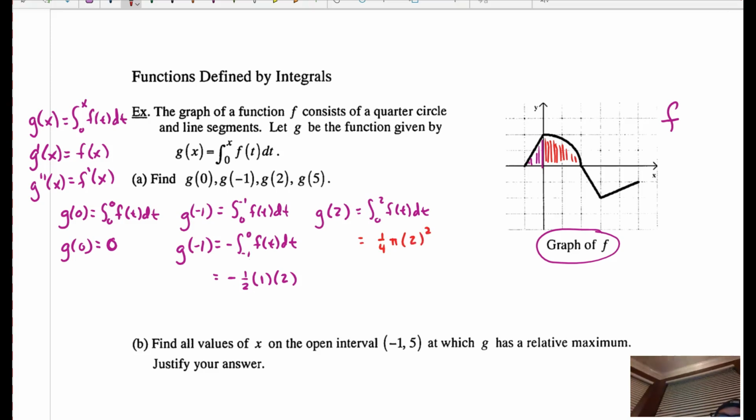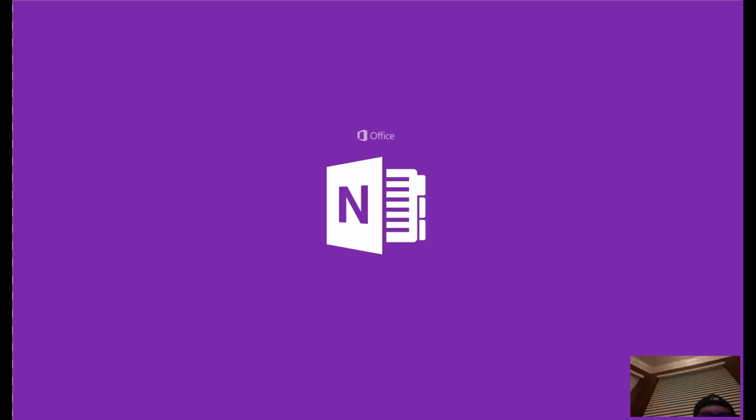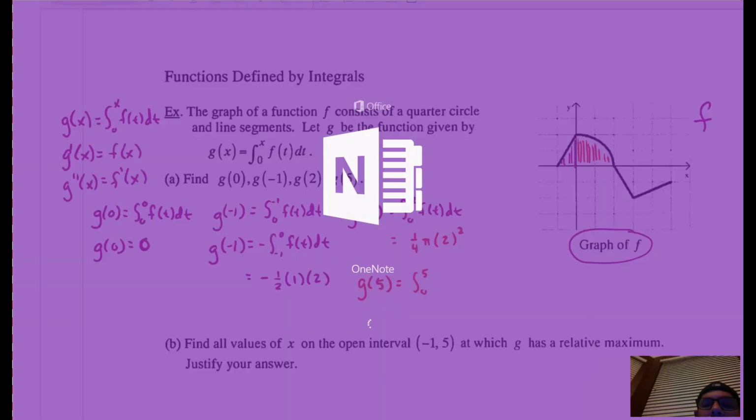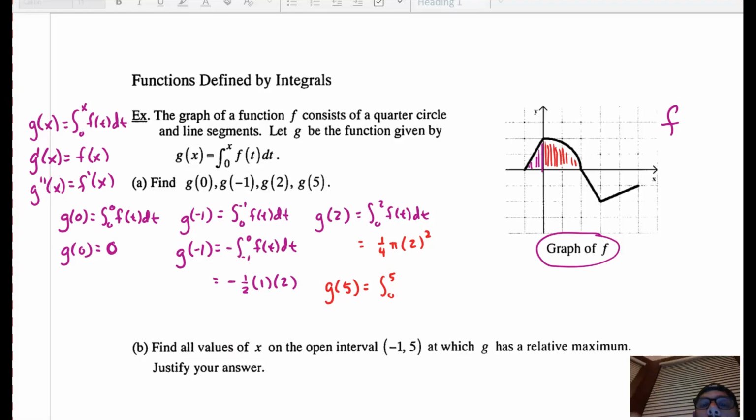And then the last value is going to be g of 5. The integral from 0 to 5 of f of t dt.